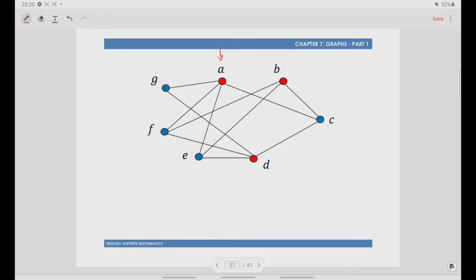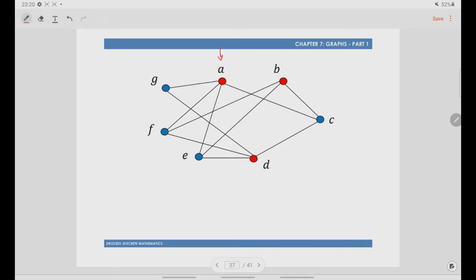Now we move to B. Because we consider the vertex B, we put red color on B. And then just like the previous step for A, we color all the vertices connected to B with blue color. B is connected to F. Yes, it is already blue, so we can proceed to the next vertex.